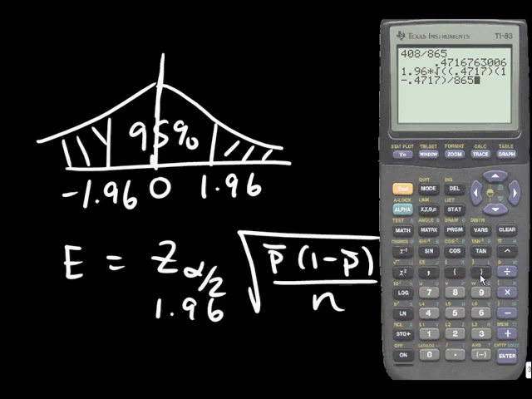That's our n. Now if we close this, we will have computed the margin of error. Now, the margin of error to the nearest 10 thousandths is 0.0333.